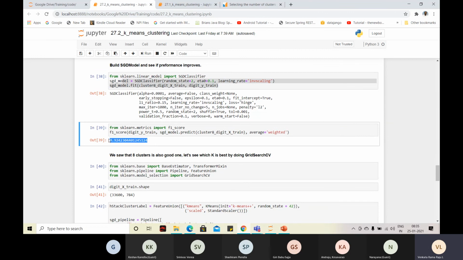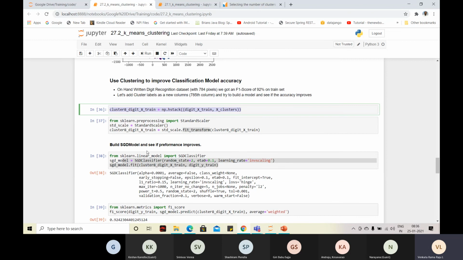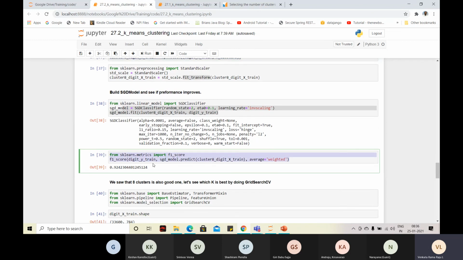Okay, on a supervised data set, when the model is not working well, you do clustering, add that cluster column as a new column to the data set, and then build a model, which may improve your accuracy. That's another help from this clustering algorithm.